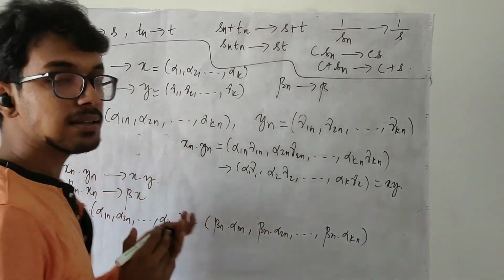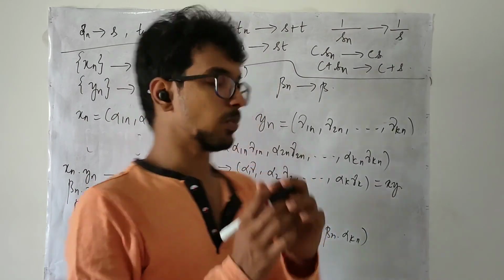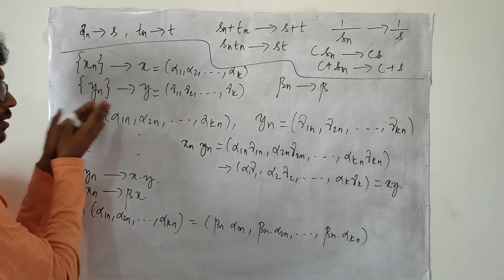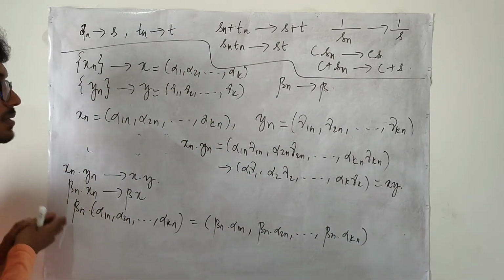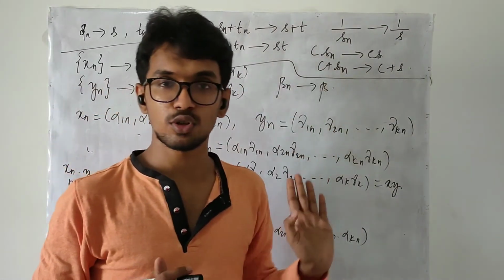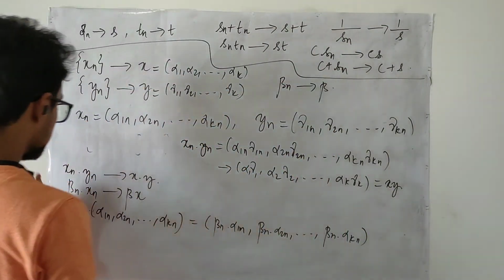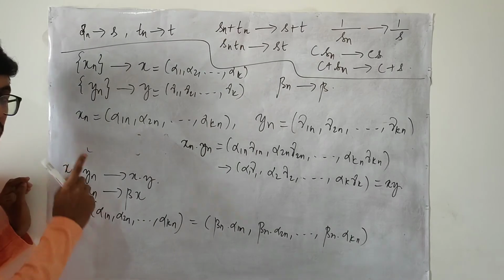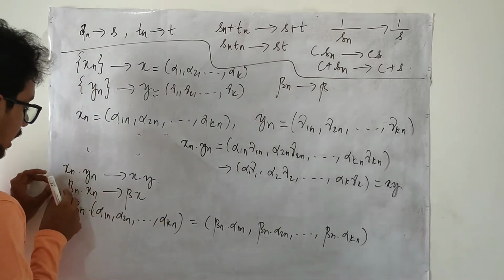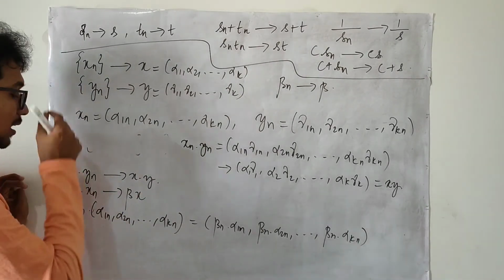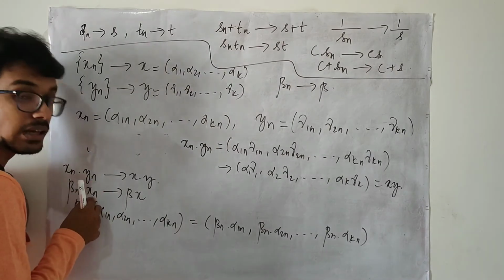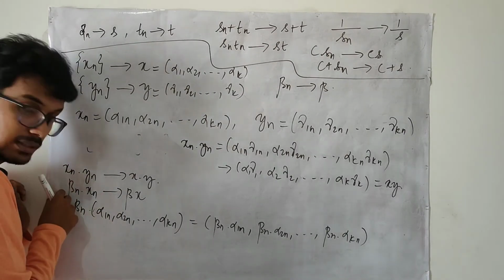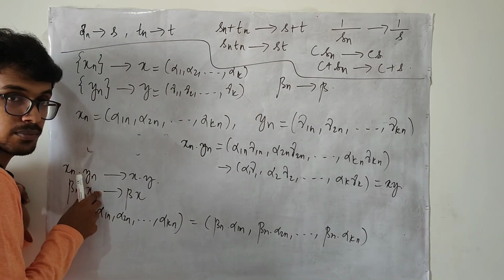Xn and yn are sequences in Euclidean space, whereas here xn is a sequence in Euclidean space Rk and beta n is a real sequence which converges to beta, right? Here we are multiplying two sequences, which means we have to multiply the nth entry in this sequence with the nth entry in this sequence. It is a scalar, it is a vector.